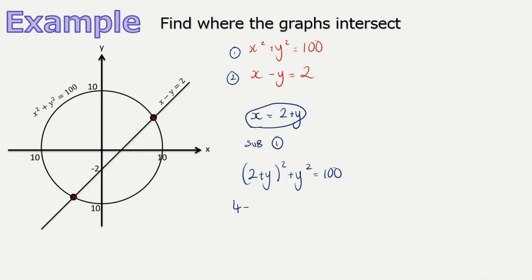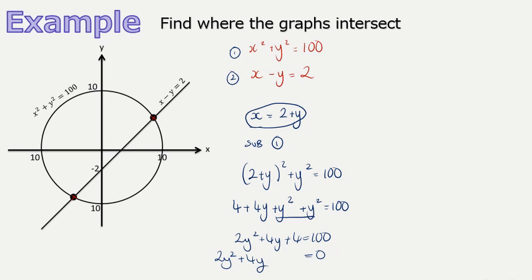Expanding the bracket, I would end up getting 4 plus 4y plus y squared. Bringing all the like terms together, I can see I've got 2y squared plus 4y plus 4 equals 100. And I've got a quadratic at this point, so I need to make it equal to 0 in order to be able to factorise, which will give me minus 96 on the end.